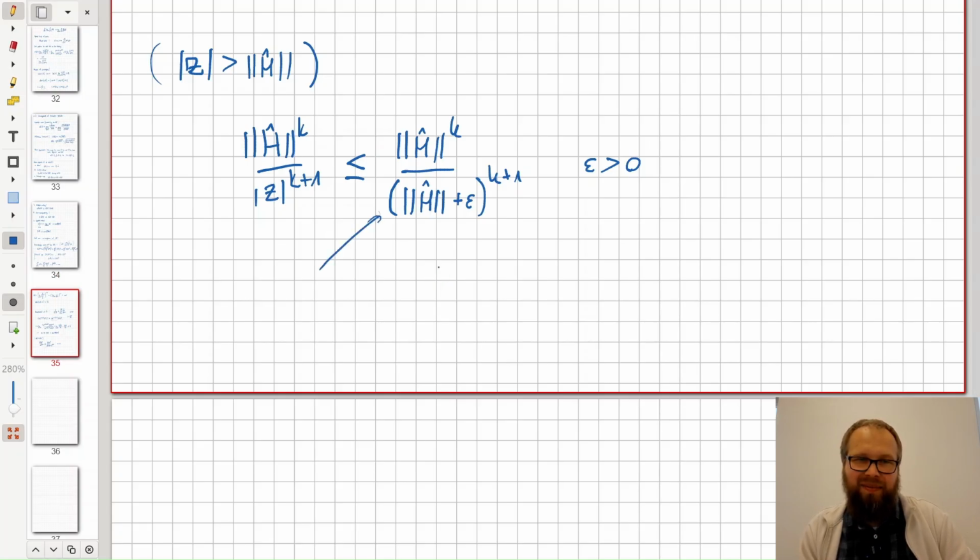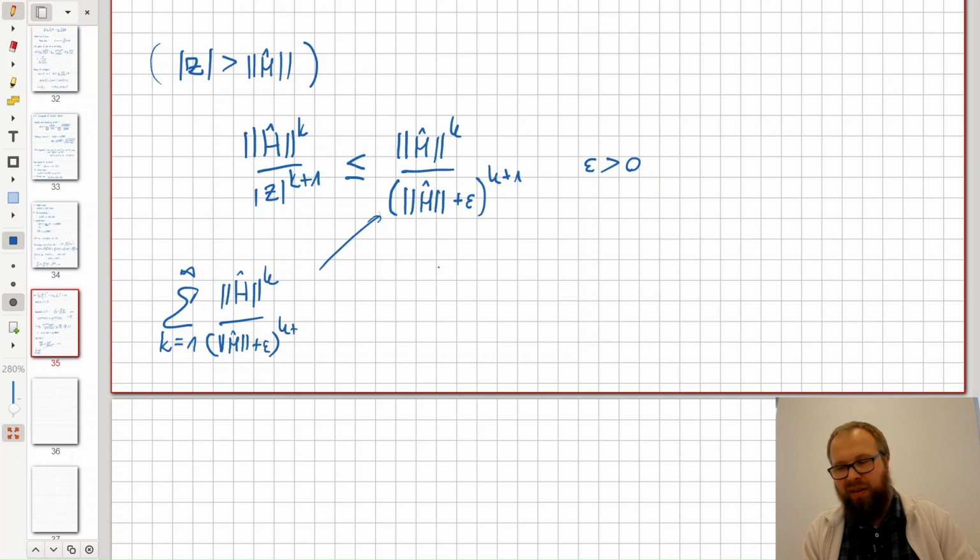And this series, it's actually convergent, from 1 to infinity of H over norm of H plus epsilon to the k plus 1. Because I can make a geometric series out of it.